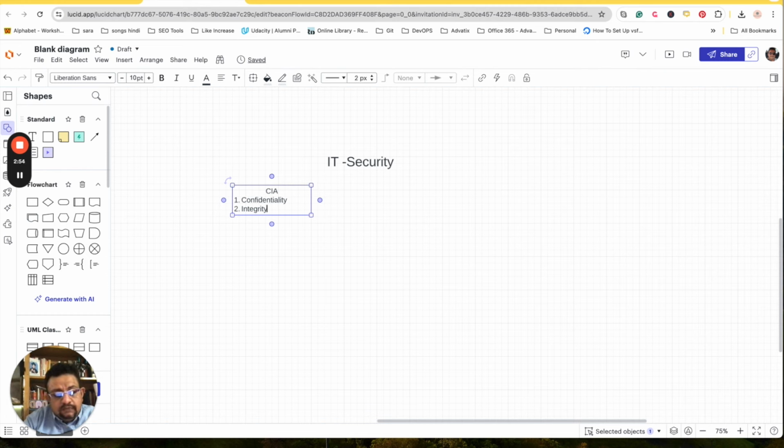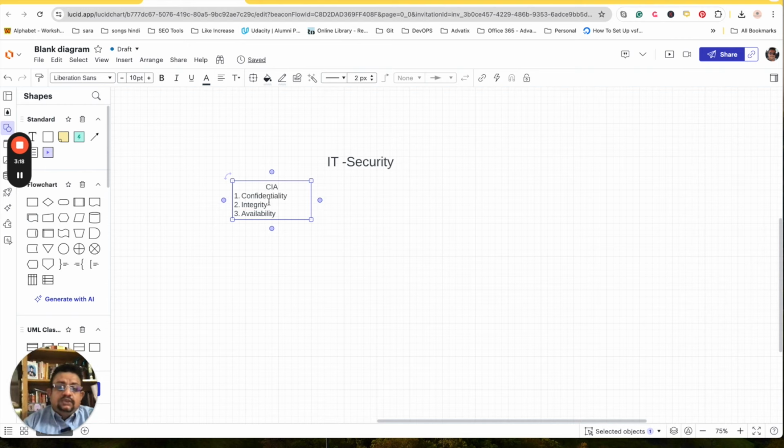Third comes availability: ensuring that information is available to whoever needs it, and is available all the time.